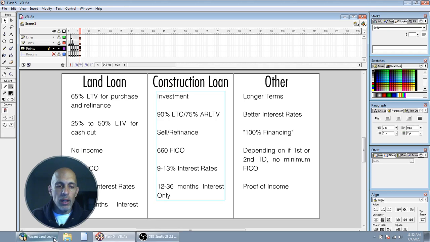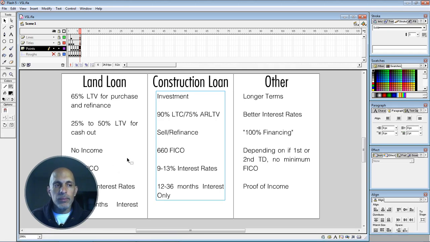We will deduct that from that total cost. So let me see a way to make this make sense. Let's see how I can simplify that. So total cost is $1 million, and we'll go as high as 90% LTC, which means we will do a loan amount of as much as $900,000, meaning you have to put in at least $100,000.